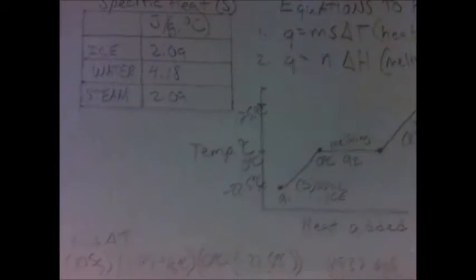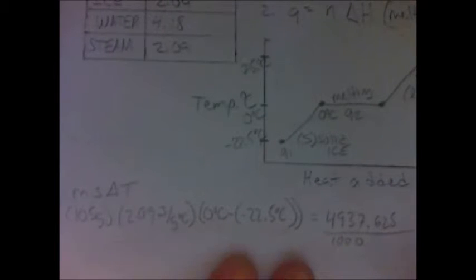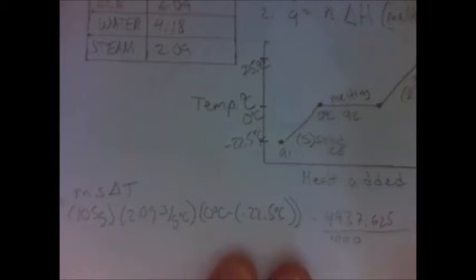So we have 4937.625 divided by 1,000. We convert it into kilojoules, and that'll give us 4.937. We need to convert that to the sig figs, which will be 3, because that is the lowest amount of sig figs that we have. We'll have 4.94 kilojoules of heat for Q1.